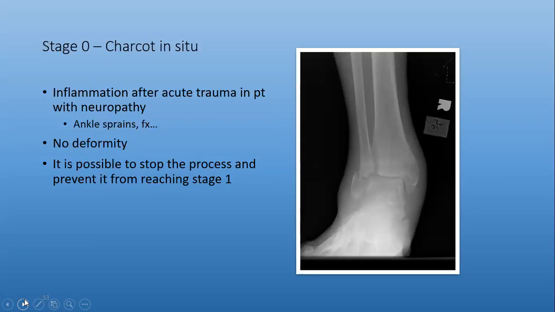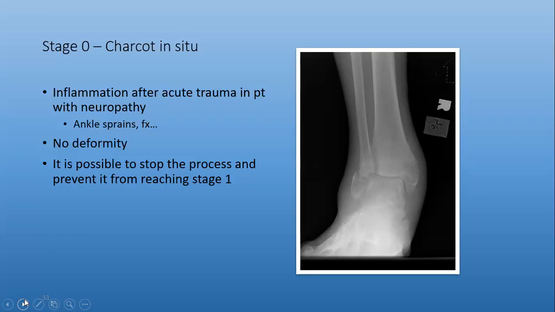So a patient who has an acute sprain, acute fracture, uncontrolled diabetes, possibly a history of Charcot in the past, and treating these quote unquote stage 0 Charcots is highly recommended, especially for patients that have a history of Charcot. It's almost like you already saw this movie, might as well prophylactically treat them.